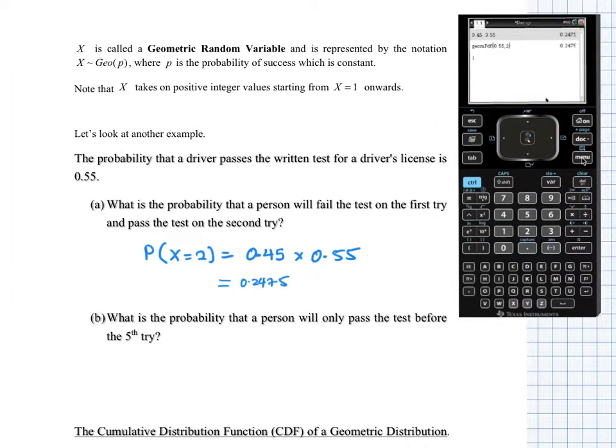So if you do part B now, what is the probability that a person will only pass the test before the 5th try?